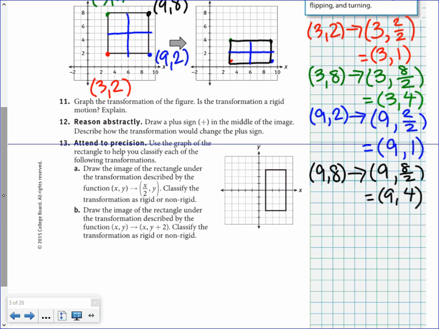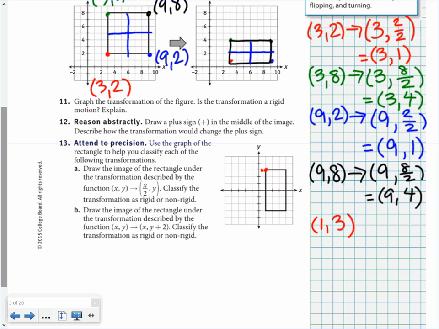So, if you took our rectangle that they give you, this point here that is at (1, 3) is going to go to (1/2, 3), which is about right there.